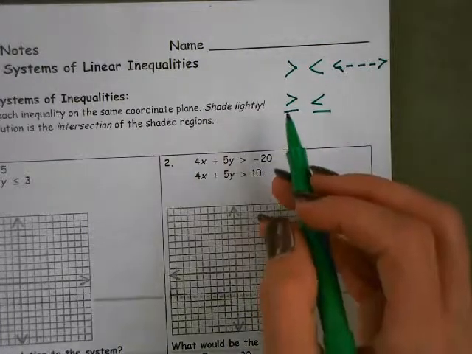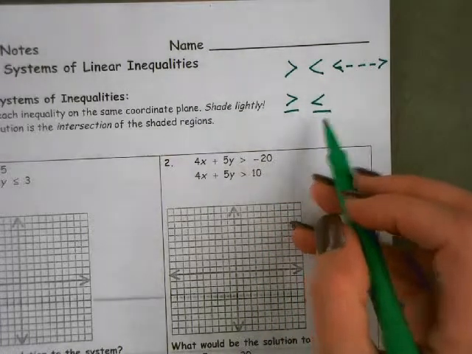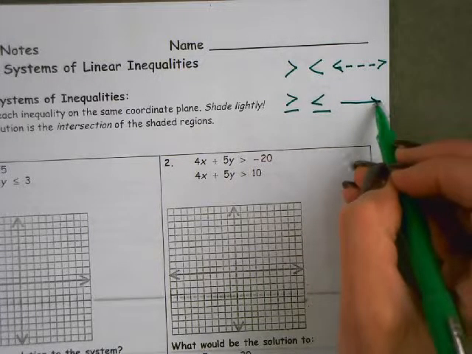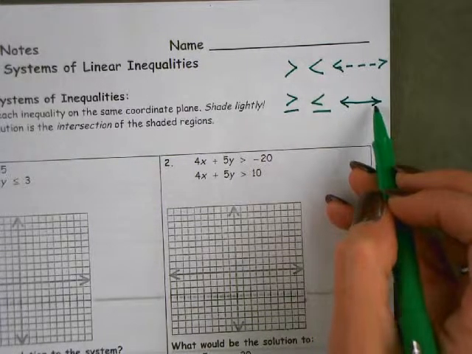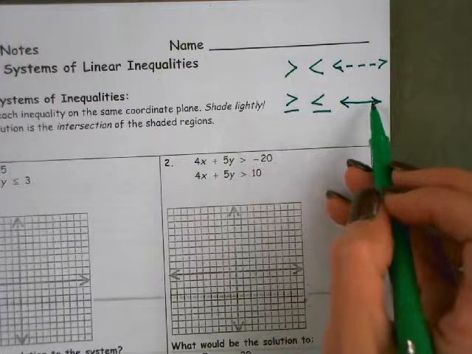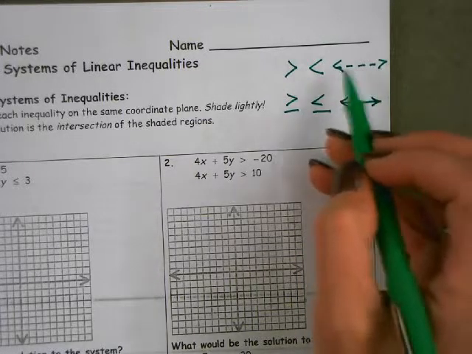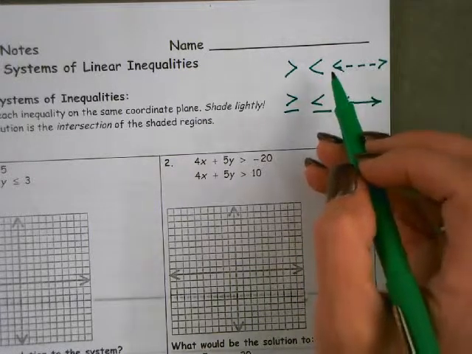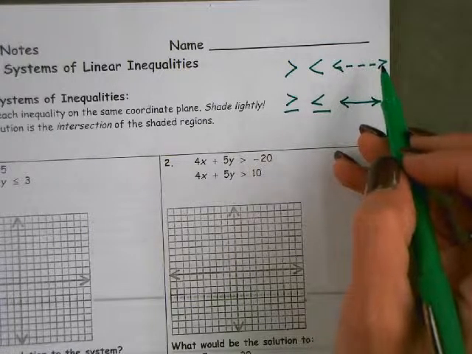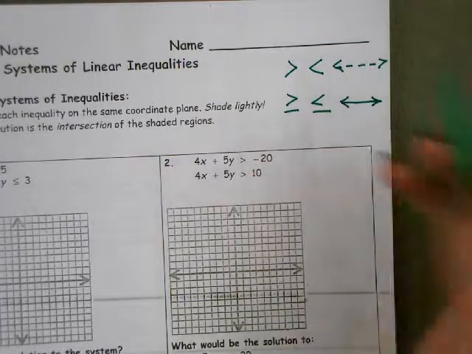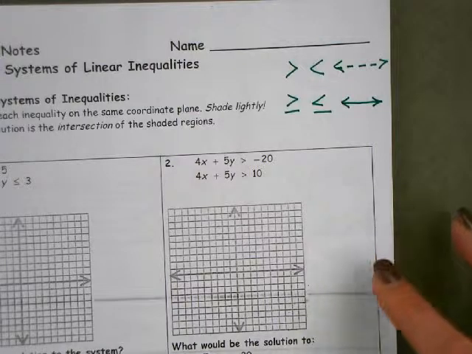When you have a greater than or equal to or less than or equal to, you will have a solid line. The solid line is stating that it's equal to, so those values hold true. On the dotted or dashed line, it's saying that those actual values on that line are not part of the solution. Does that make sense? Okay.